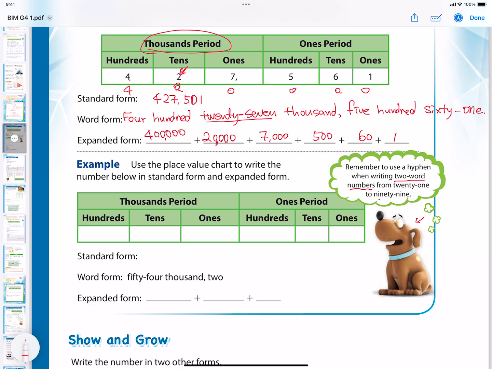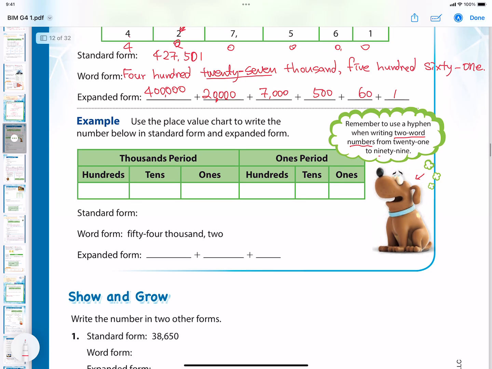I told you before, when these two-word numbers are not talking about their place value like 100 or 1000, you have to use hyphen. So I'm going to ask you to do this by yourself. Pause the video and come back to the video when you're done, and then check your answers.